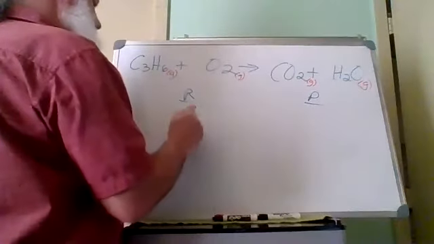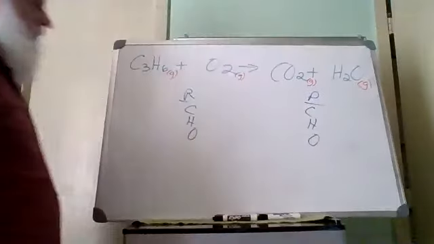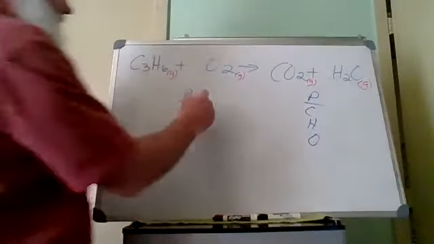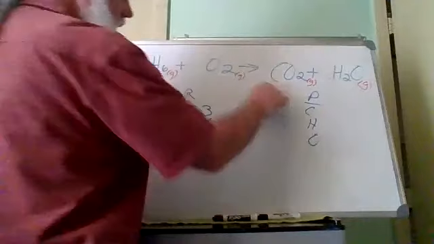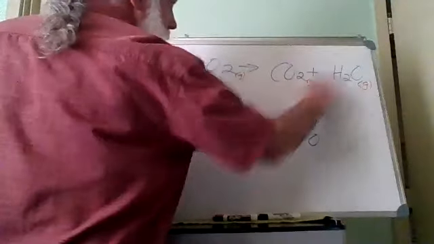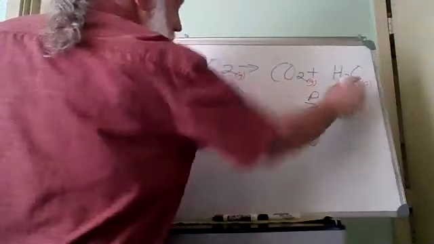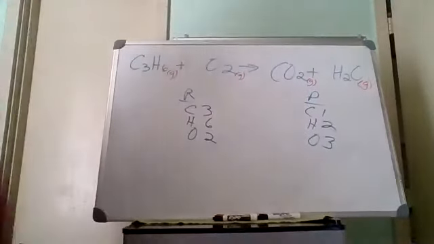So carbon, hydrogen, and oxygen. Carbon, hydrogen, and oxygen. All right, so three carbons, 6 hydrogens, and 2 oxygens. 1 carbon, 2 plus 1 oxygen, 2, and 1 from the water is 3, and then 2 hydrogens.